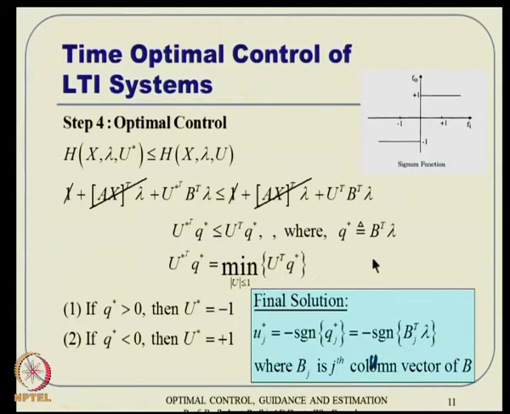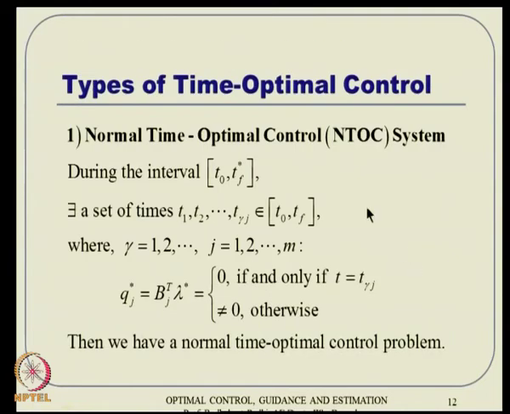So what we are asking here is something like that. For the normal time optimal control system, the condition happens to be like this: that during this interval T0 to Tf star, because we have to find an optimum final time also, there exists a set of times T1, T2 up to T gamma j, where j varies from 1 to m.